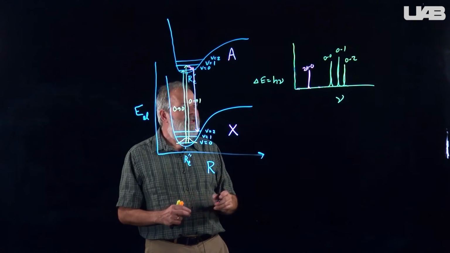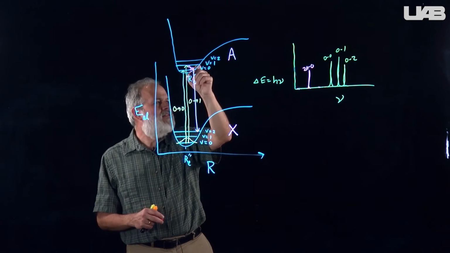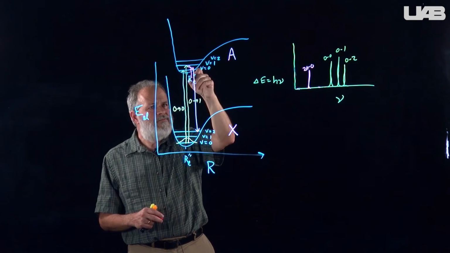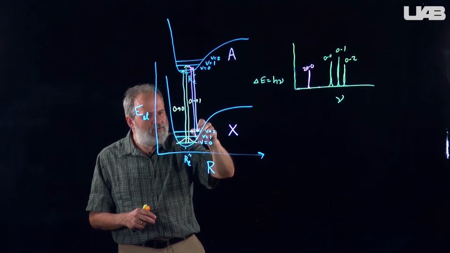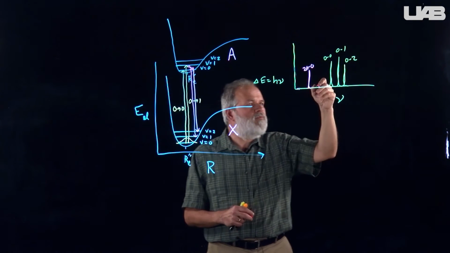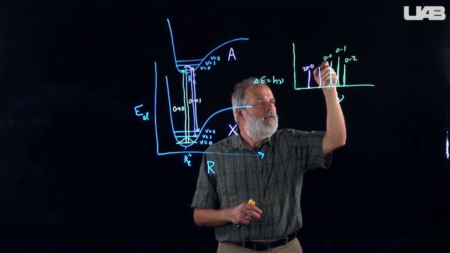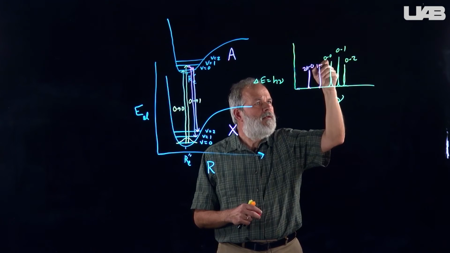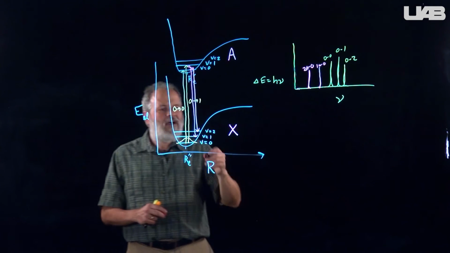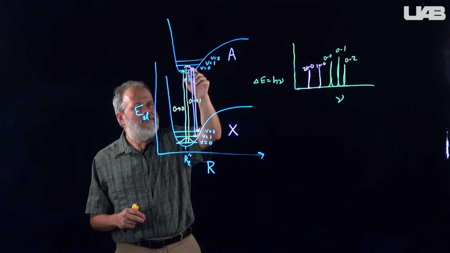All right. And if we emit this way, from 0 down to 1, that would be 0 to 1. And then finally, 0 to 0.